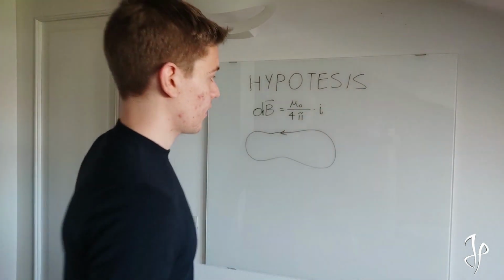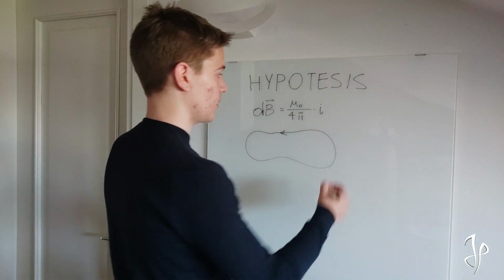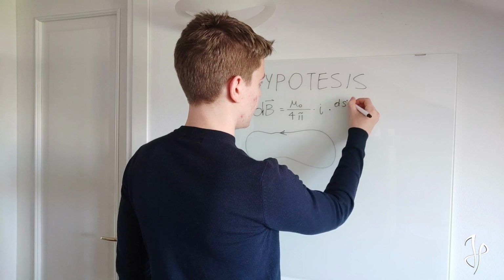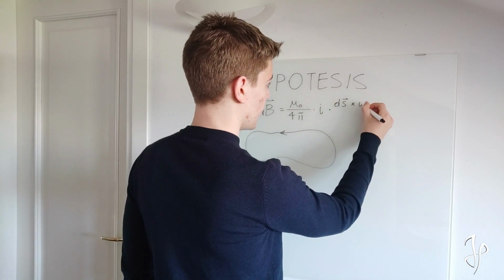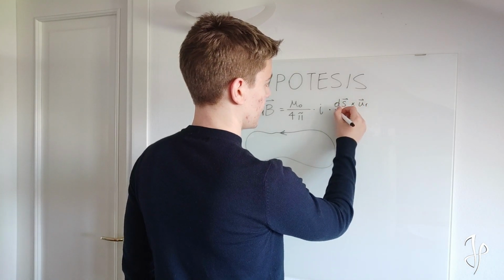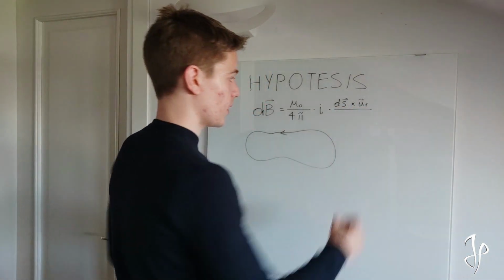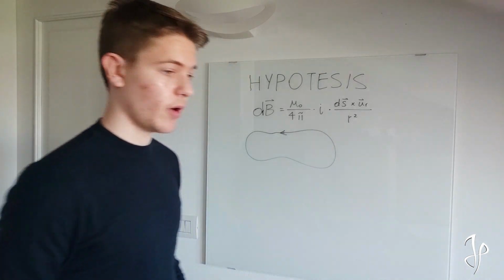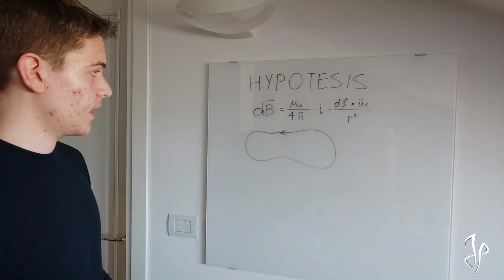And then we have the last term of the equation, which is the cross product between ds and mu r, divided by r squared. So let's define briefly all these terms.